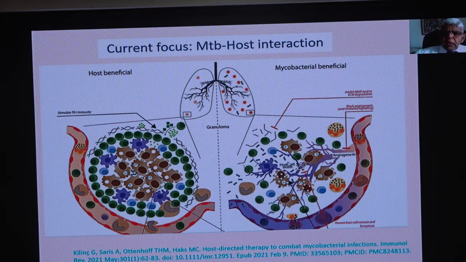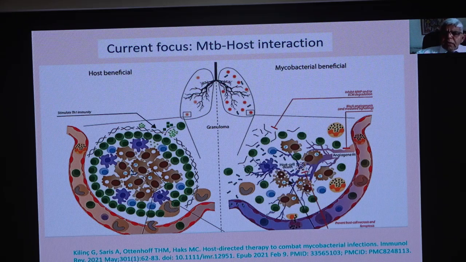The center of the granuloma, where there is the maximum number of bugs, is where the least amount of drug reaches, because of the leaky vessels which do not allow the exchange of these drugs with the extracellular milieu.